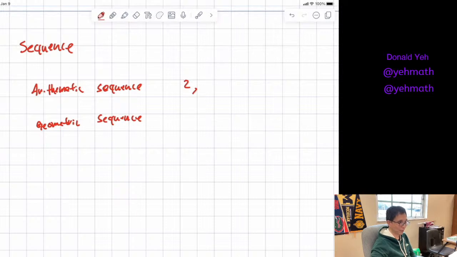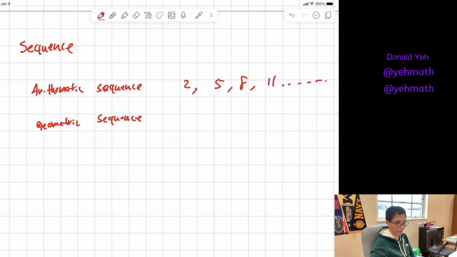So the simple sequences are like this: 2, 5, 8, 11, dot dot dot. This is called arithmetic. The thing about arithmetic is that it has a common difference. Geometric has a common ratio.